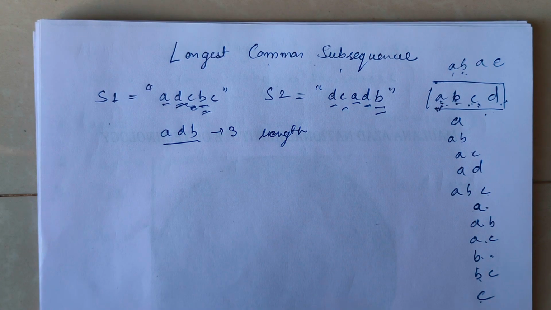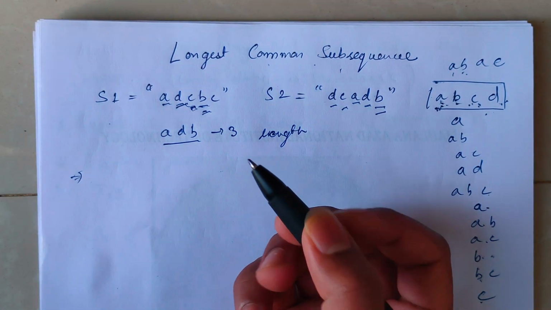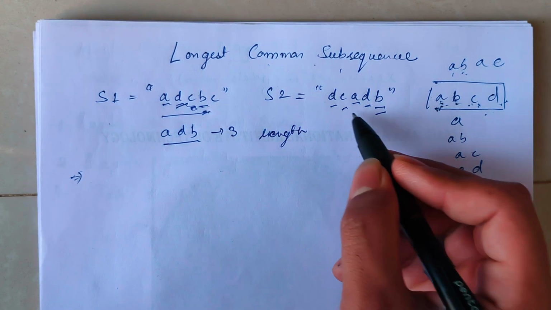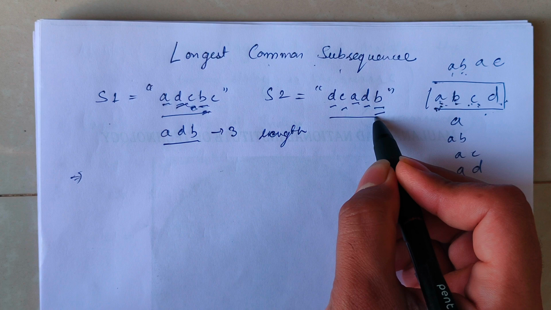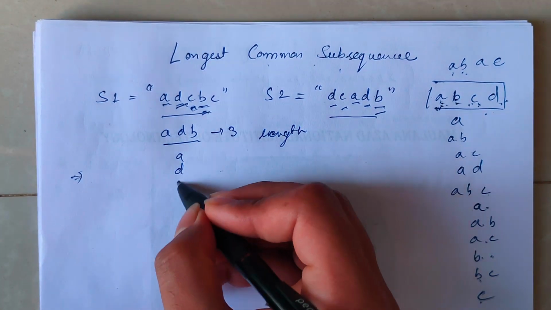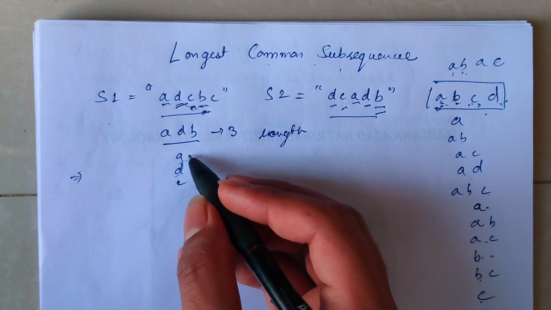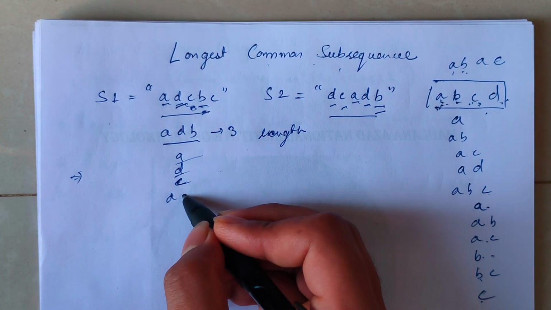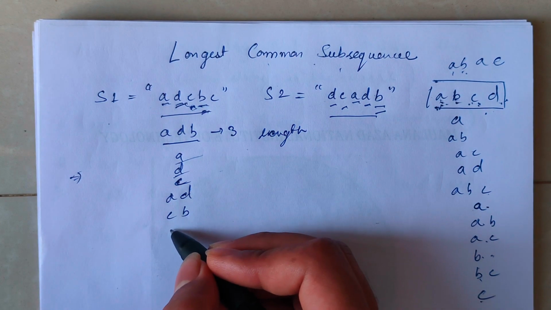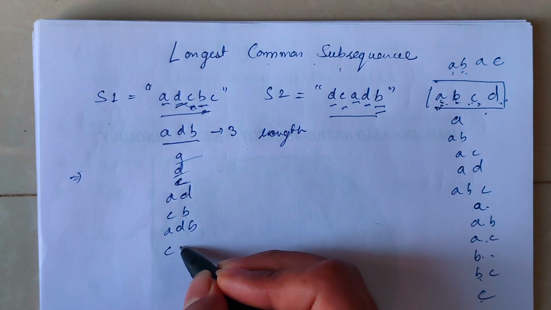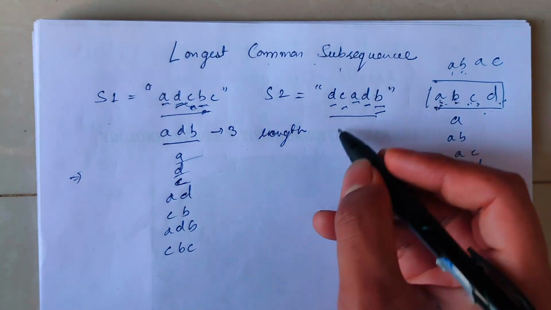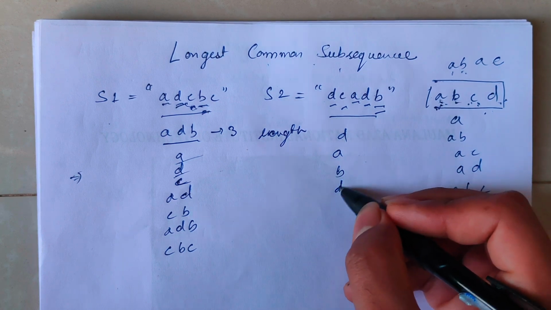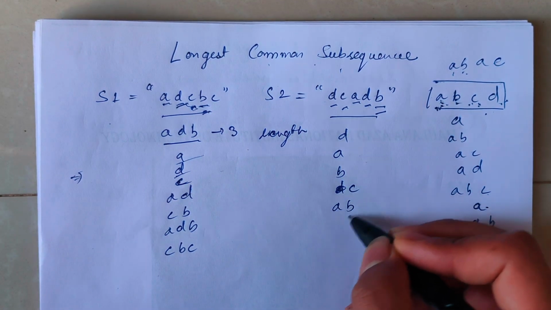So how could we do this? The first approach could be we calculate every subsequence of this string and every subsequence of this string. It could be A, D, C. A is a subsequence, D subsequence, C subsequence, AD, CB, ADB, BC, and the subsequences here could be D, A, B, D, C, AB, AD.